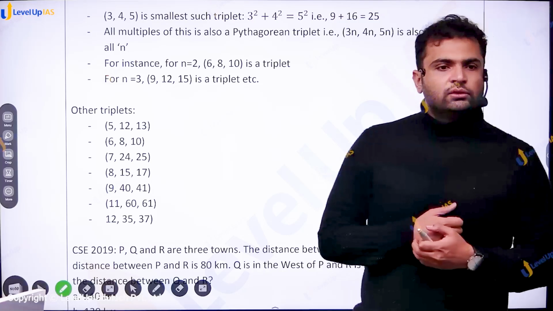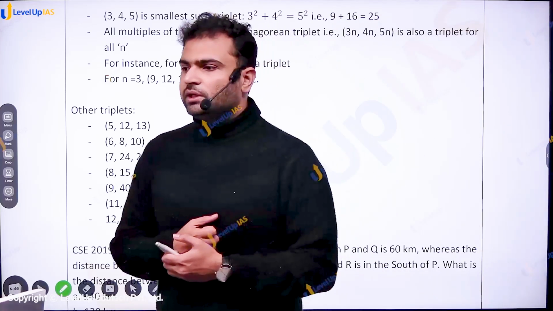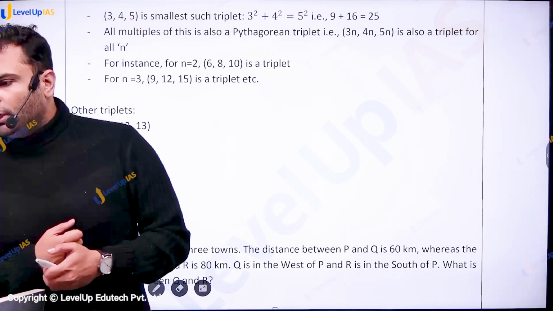A Pythagorean triplet is such a set of 3 numbers. Does 5, 12, 13 not follow the rule?